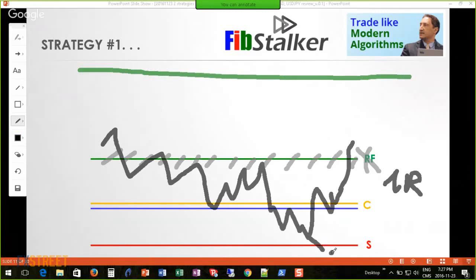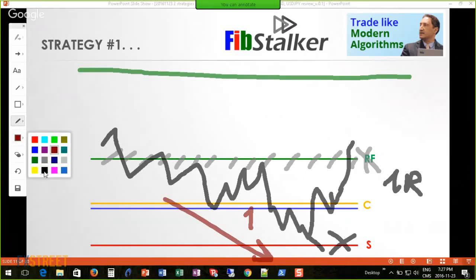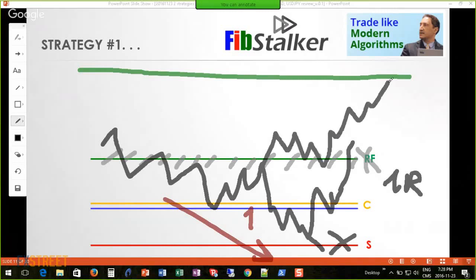The first outcome, of course, is that we are stopped out. We enter the market, it might even go in our direction, but eventually it stops us out, or the market can actually continue higher and eventually get into that first target. And this is outcome 2.